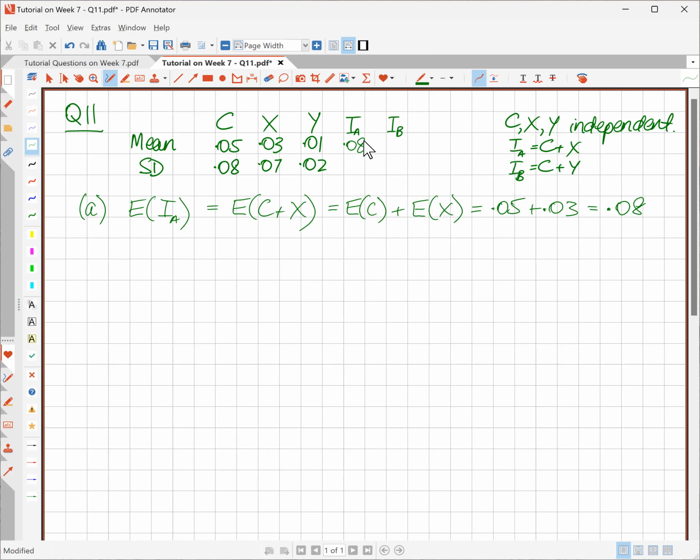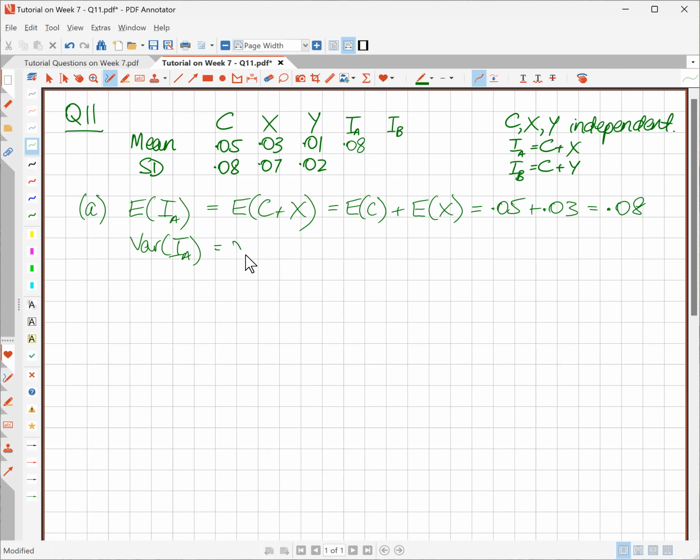When we're considering standard deviation, the basic rule to remember is that standard deviations don't add, but variances do. So the variance for the return on asset A will be the sum of the two variances.